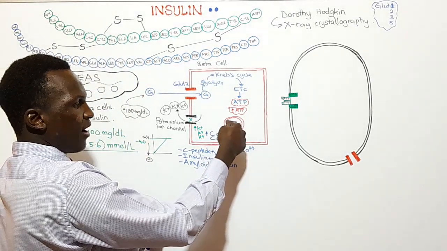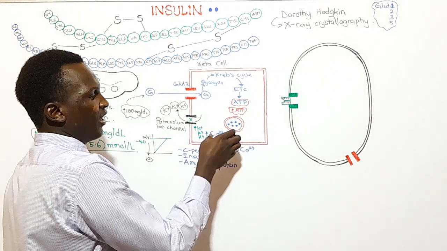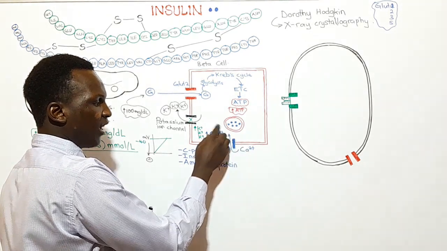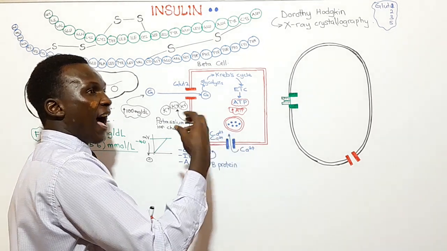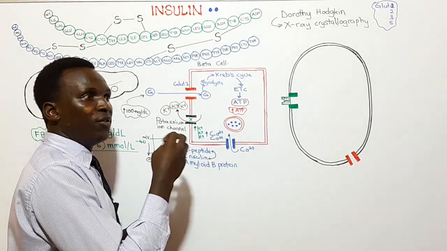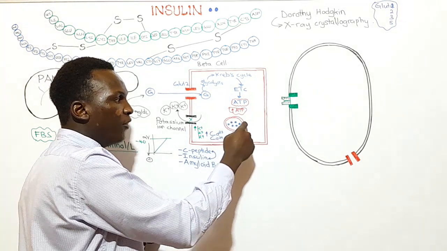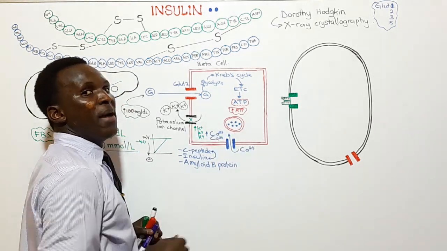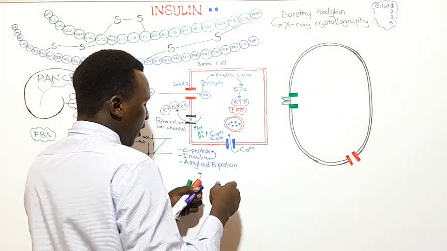So, when we have this vesicle that contains all this, because of the entry of the calcium ions, these calcium ions will act to allow the movement of different molecular proteins such that they cause the fusion of this vesicle with the cell membrane, thus releasing the insulin out. How will it happen?